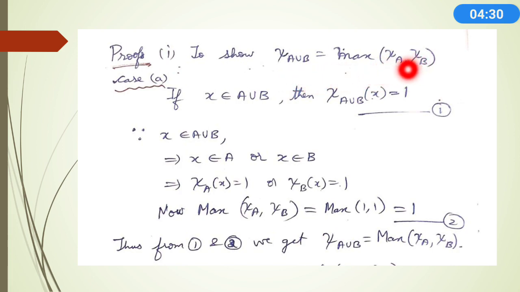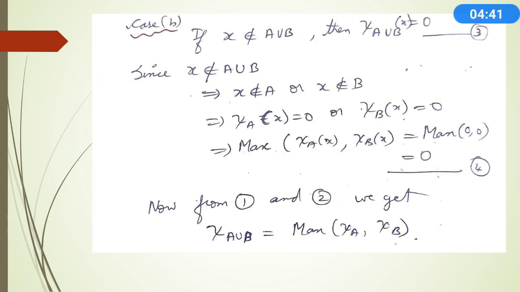So now from the first and second equations we have proved that the characteristic function of the union set is nothing but the maximum of the characteristic functions. We have proved the case for belongingness. Next we will prove the case for not belongingness, that is, x doesn't belong to A union B. If it doesn't belong to A union B, then by the characteristic function definition, the value will be 0.